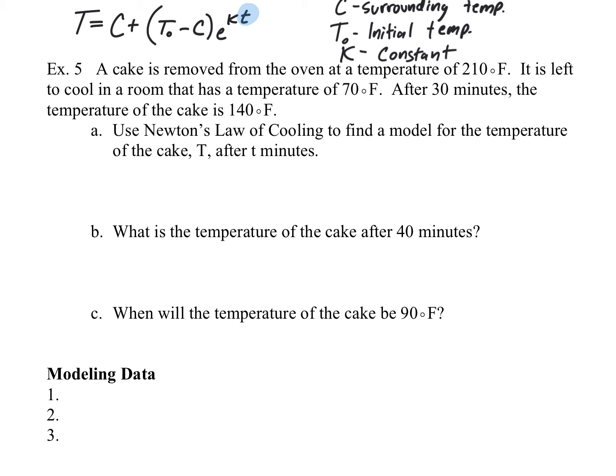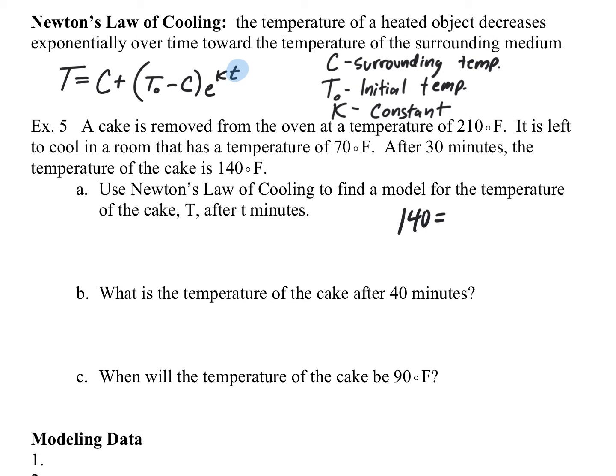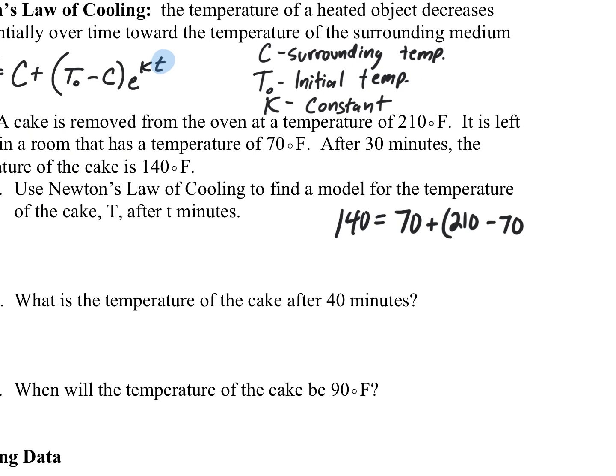The current temperature T is 140 degrees, and we had a surrounding temperature of 70 plus, in parentheses, an initial temperature of 210 minus our surrounding temperature times E raised to the K, and the T value here would be 30.